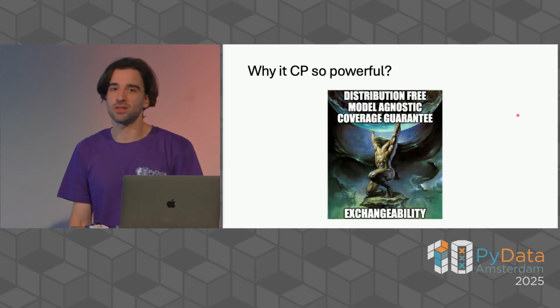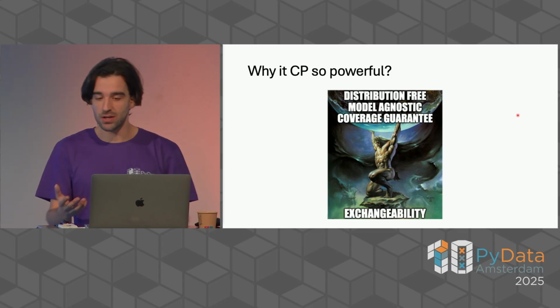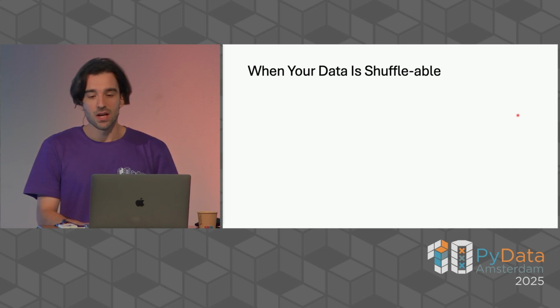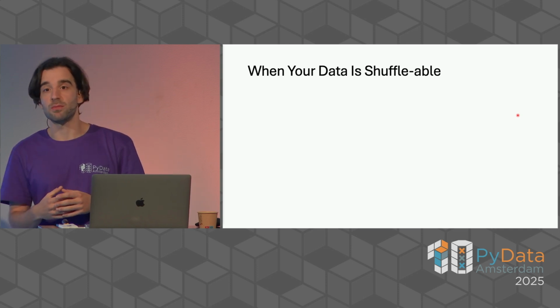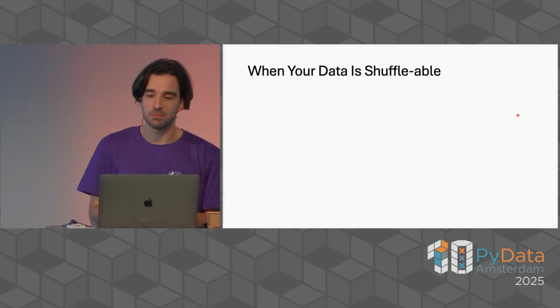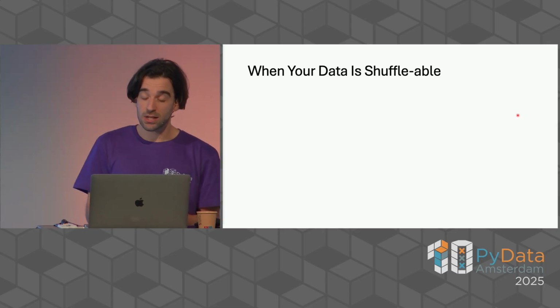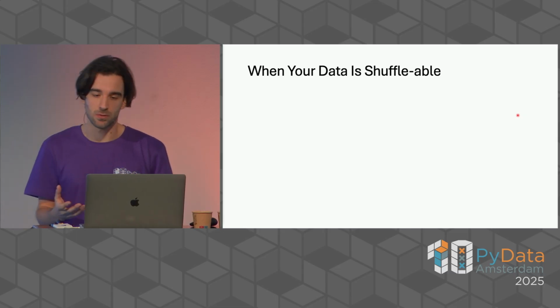A lot of people in this room may have heard this before. For the people who haven't, I have a specific slide. You can think of exchangeability as a softer, more flexible version of IID, independent and identically distributed. What that means is that your data should be shufflable.